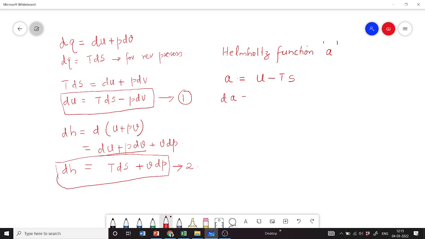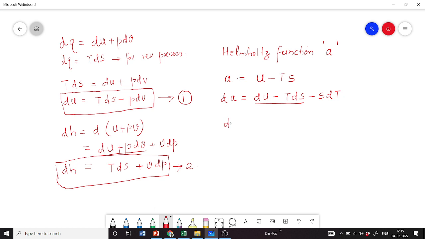So dA is equal to du minus TdS minus SdT. See, du is equal to TdS minus PdV, so du minus TdS is equal to minus PdV, from equation 1.